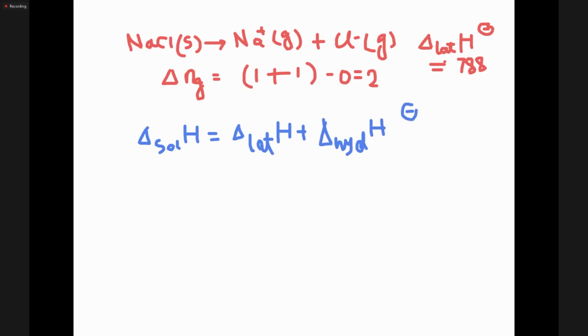All have this minus sign that I have not written, because this minus sign is applicable for all these delta H values. Now we have the expression, we have the lattice enthalpy value, which is 788 kilojoules per mole, and we have the delta hydration value from the literature, that is minus 784 kilojoules per mole. So we have these two values, and if we put them in the equation, the delta solution of H is only 4 kilojoules per mole.